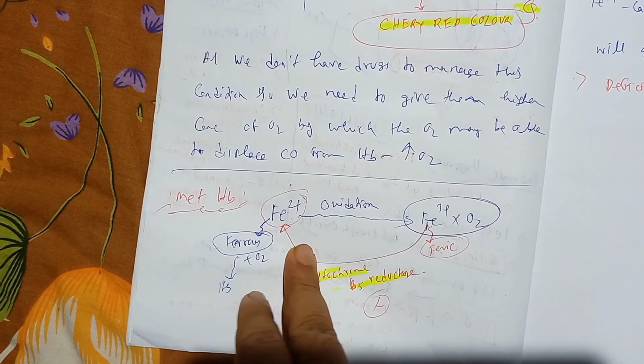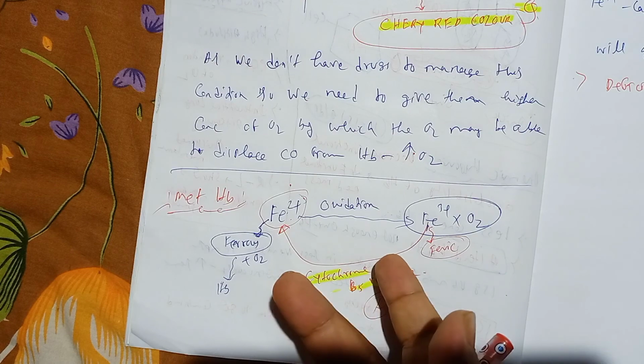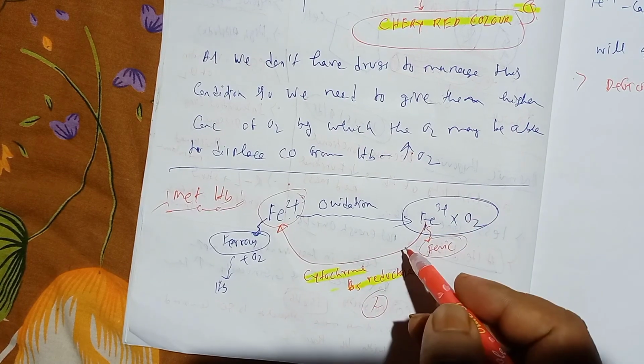That's why it's called hypoxic anemia, because the hemoglobin is less functional due to the formation of Fe3+. Okay guys.